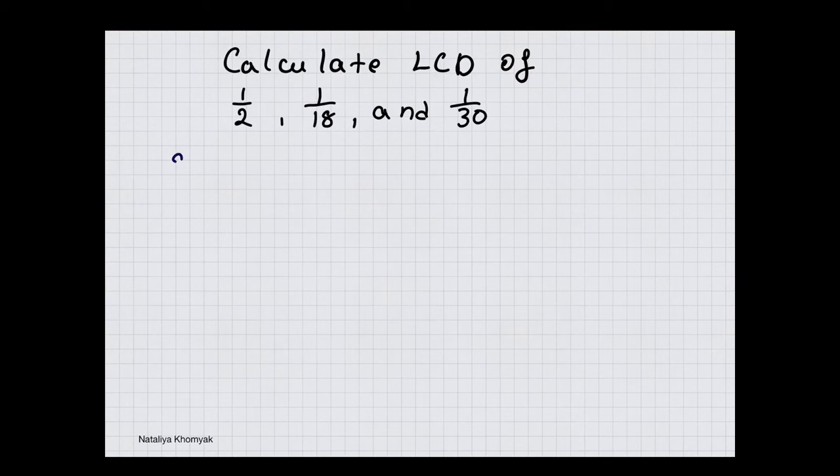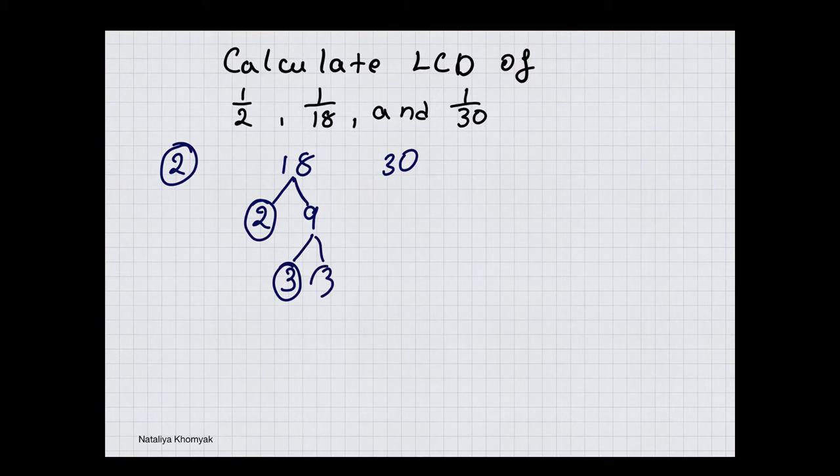Let's calculate the LCD of the denominators 2, 18, and 30. 2 is a prime, so we are done. 18 can be broken down into 2 times 9. 9 can be broken down into 3 times 3. 30 can be broken down into 3 times 10.